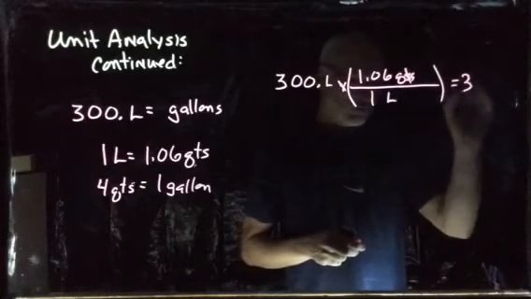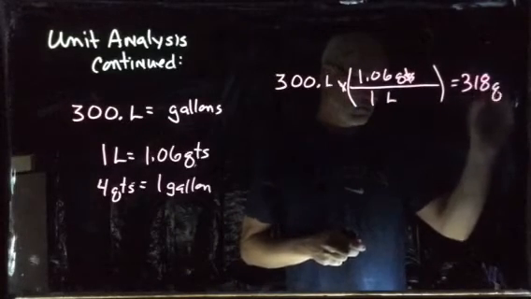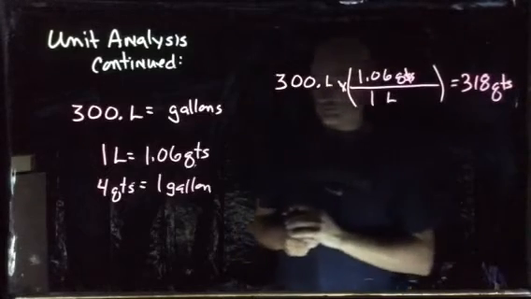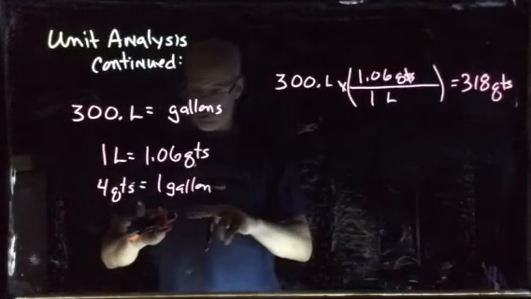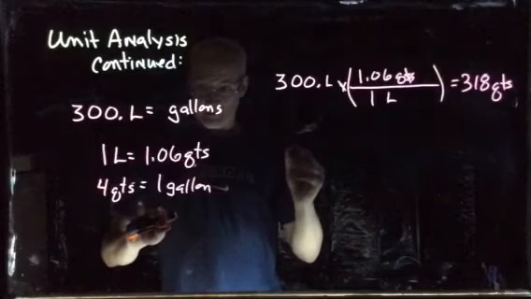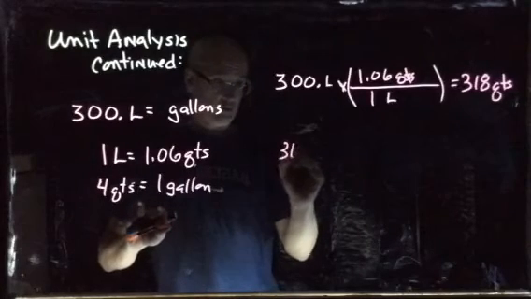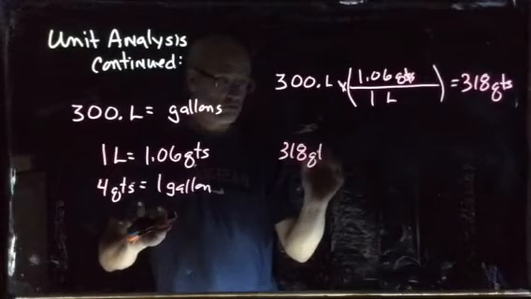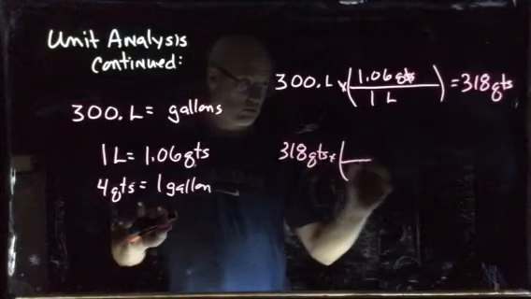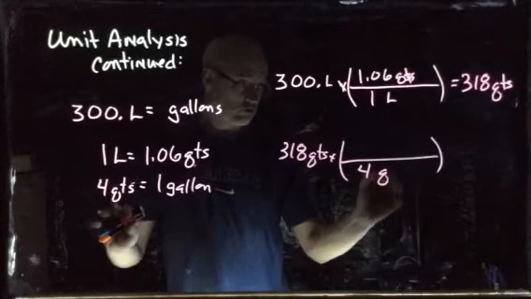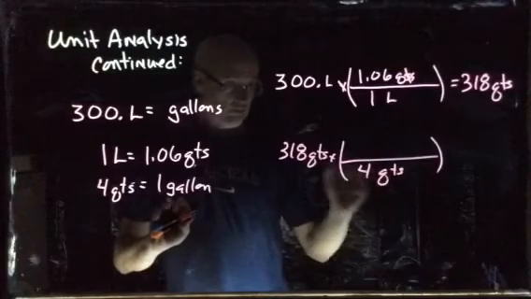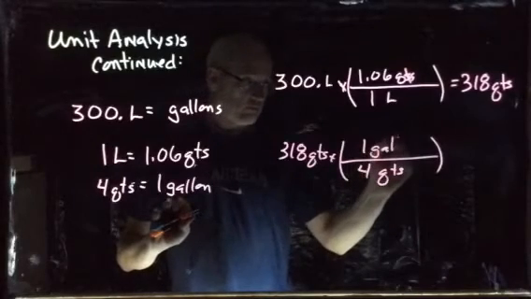That is equal to 318 quarts. So now we have to change that to gallons. We know we have 318 quarts. And we know that there's 4 quarts in 1 gallon.